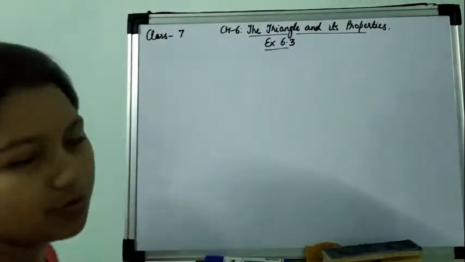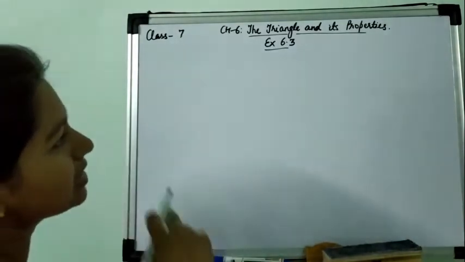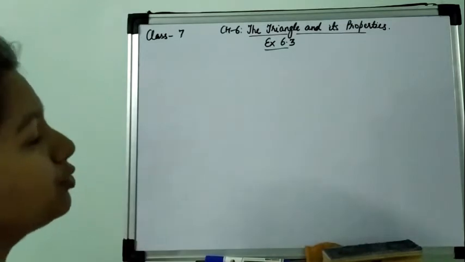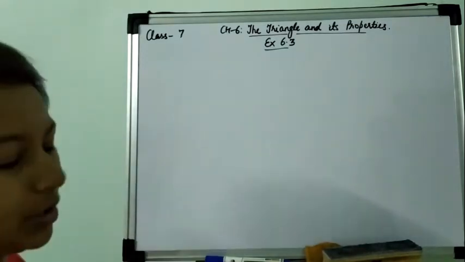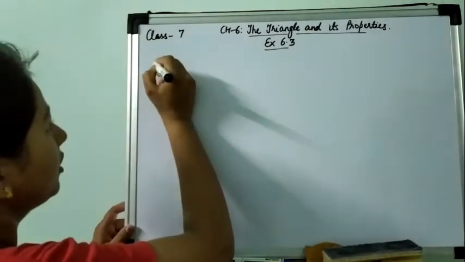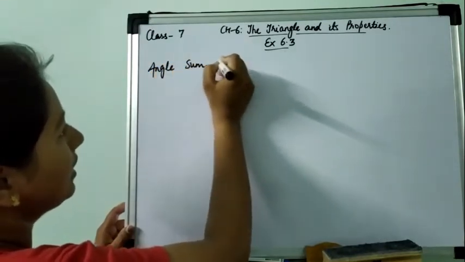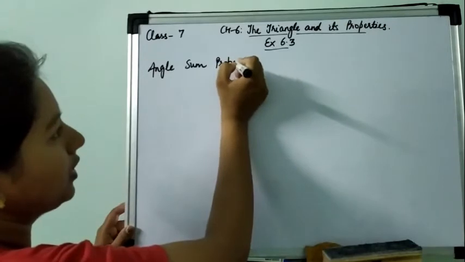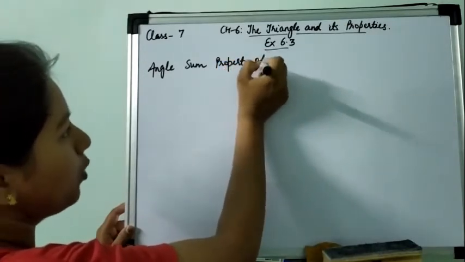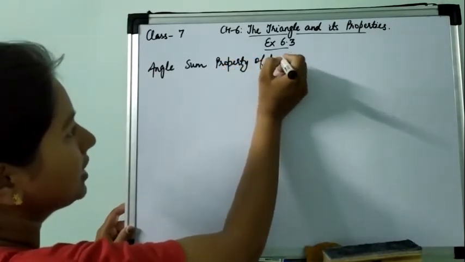In exercise 6.3, which we are going to start, we will be using the angle sum property of a triangle. Now there is a difference between the exterior angle property and the angle sum property of a triangle. What does this property say?